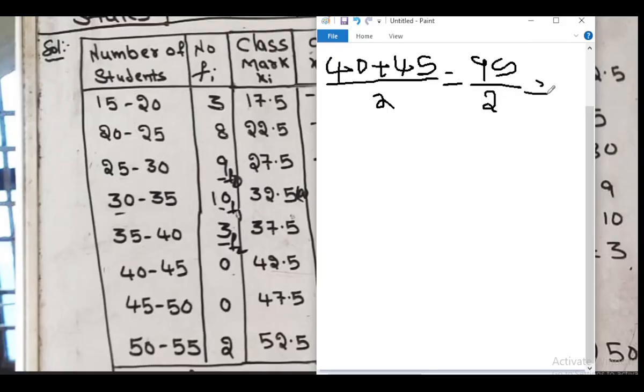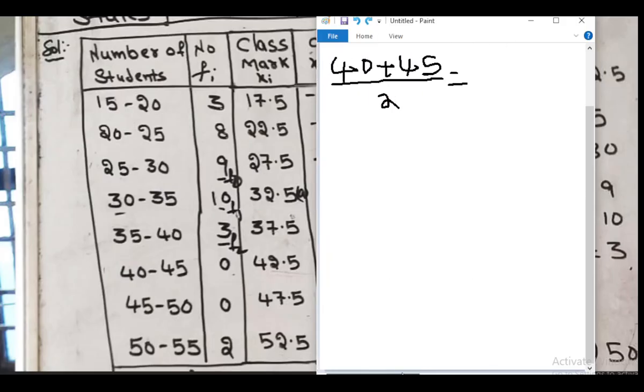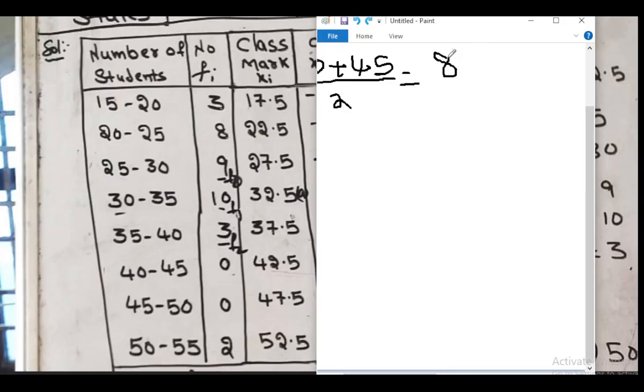Sorry, 40 plus 45 is equal to 85 by 2, not 95 by 2, which is equal to 42.5, not 47.5.